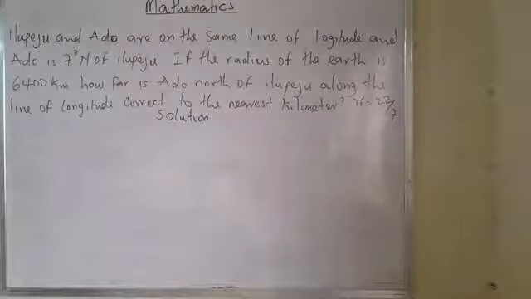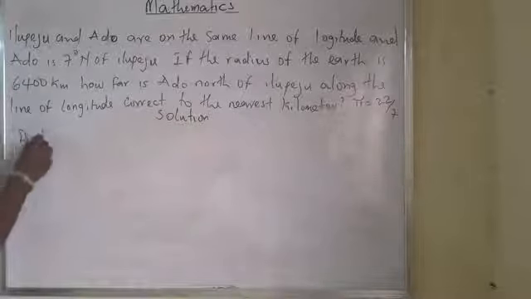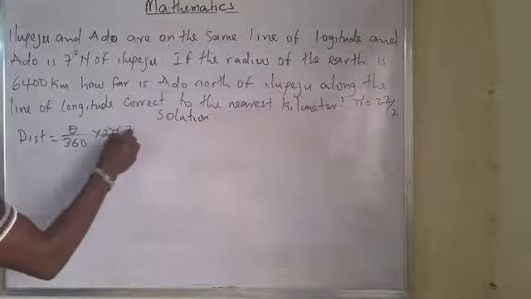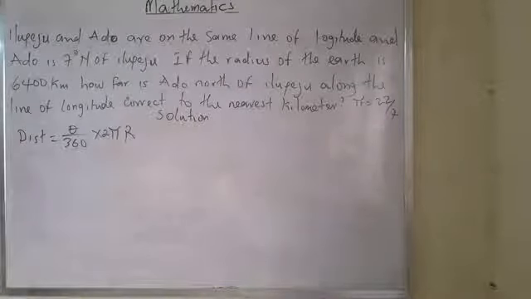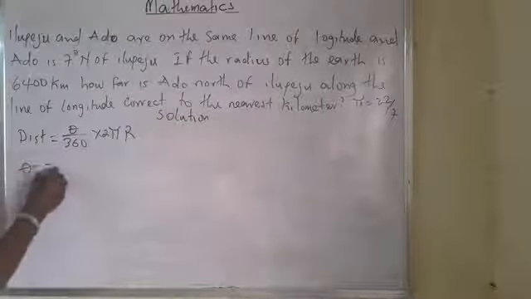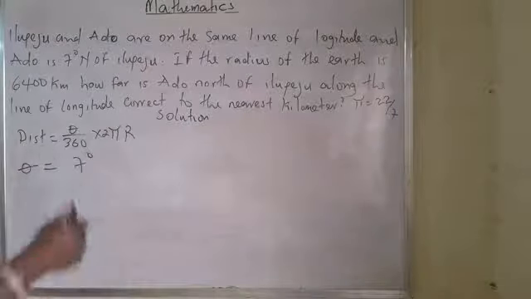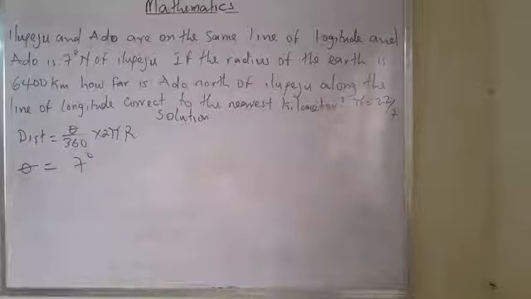The first thing is the distance. We all know that distance is theta over 360 times 2 pi R. Take note of that. Since the question specifies that Ado is 7 degrees north of Ilupeju, my theta is 7 degrees.